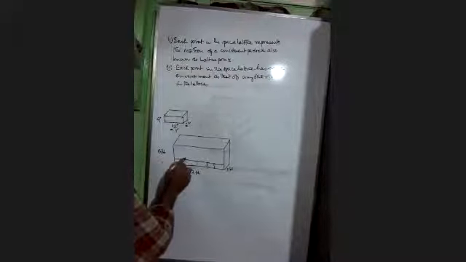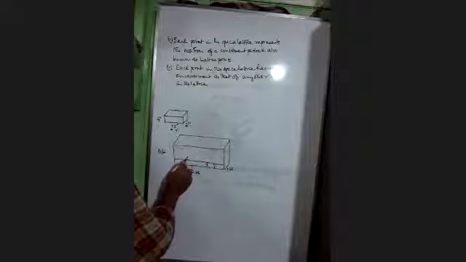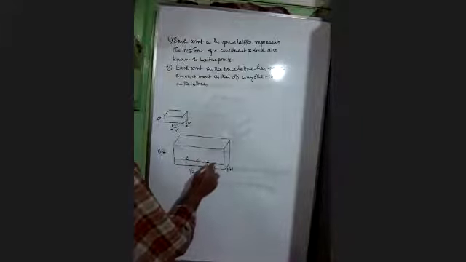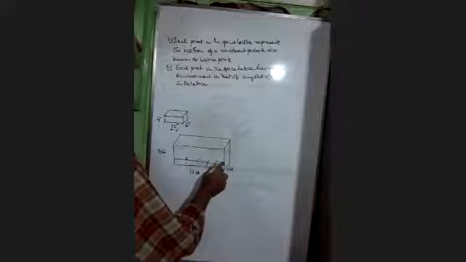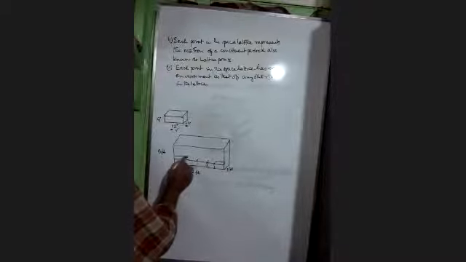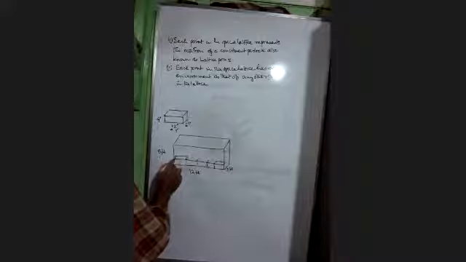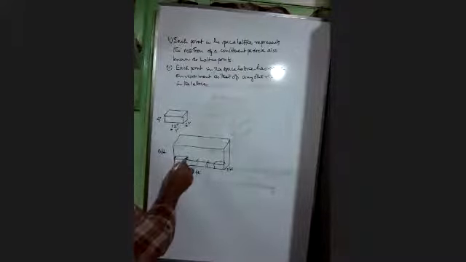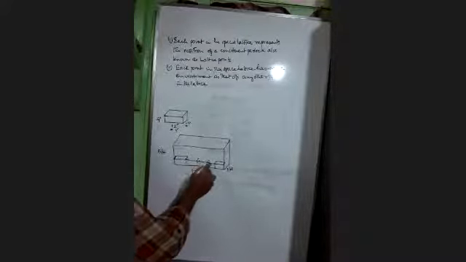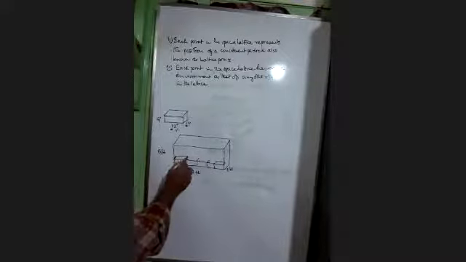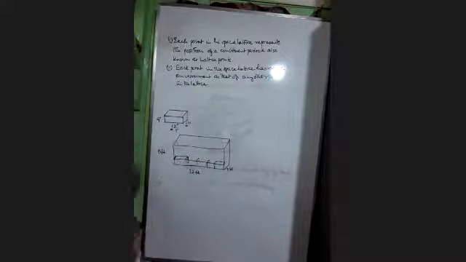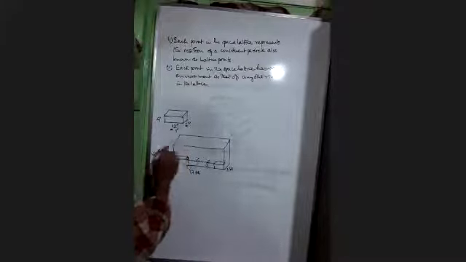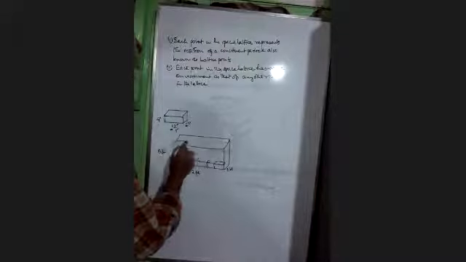Now, the bricks are like this. This is the brick. This you cannot see because it is hidden. When we lay this brick lengthwise, we lay breadthwise. This is the breadth.